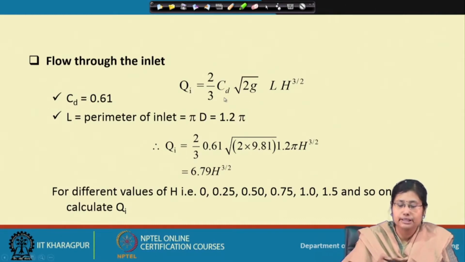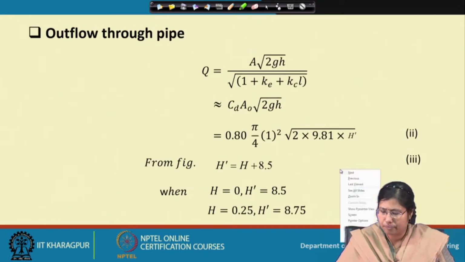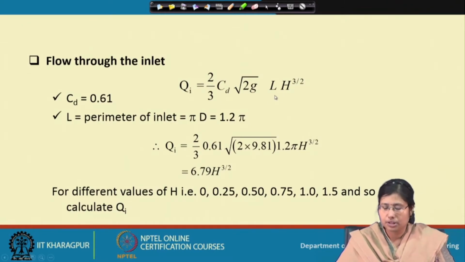Where Cd is the coefficient of discharge, L is the length, and h is the head, and the coefficient of discharge Cd is given as 0.61. And how do we calculate the L?